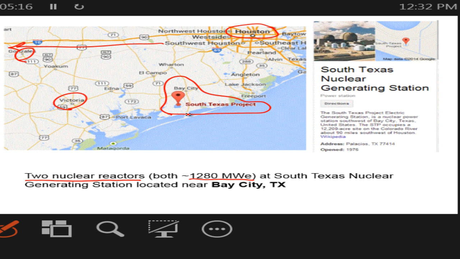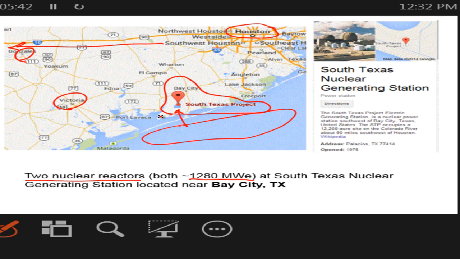Notice that there's a little bit of blue right in here that's for water. What's right there? That's a big lake. They made that lake. It's like a 7,000-acre lake to supply cooling. Before natural gas became cheap, they had already submitted 2 additional applications to build 2 additional reactors at that one site.